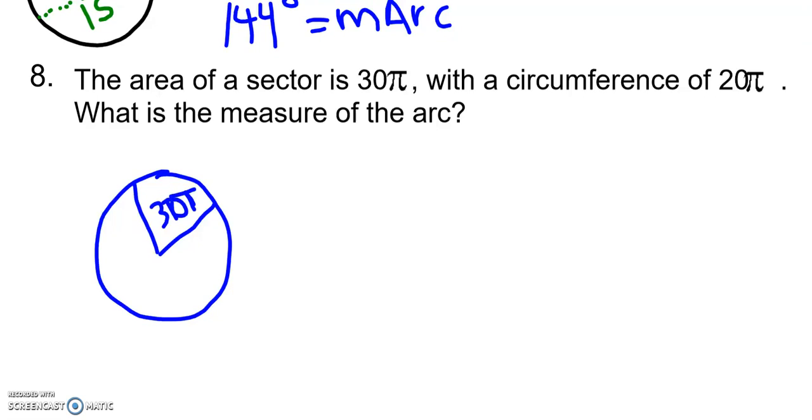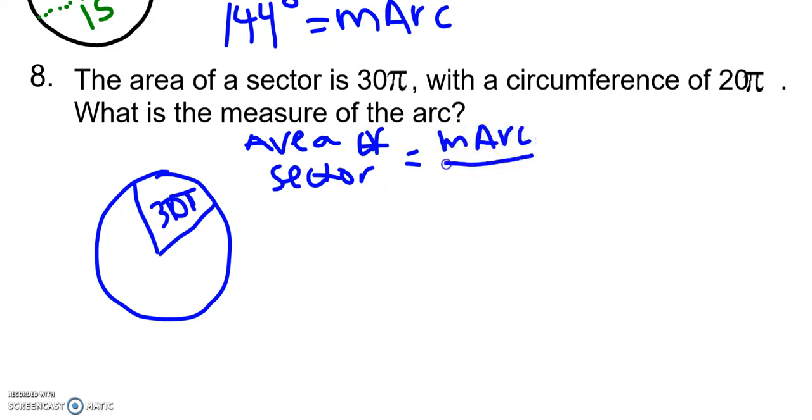Okay, so area of a sector, again, is review from chapter 9, so we will write that the area of a sector equals the measure of the arc over 360, and this time we're going to multiply this by the area of the whole circle, which is pi r squared, because the area of a sector is just a fraction of the whole circle.